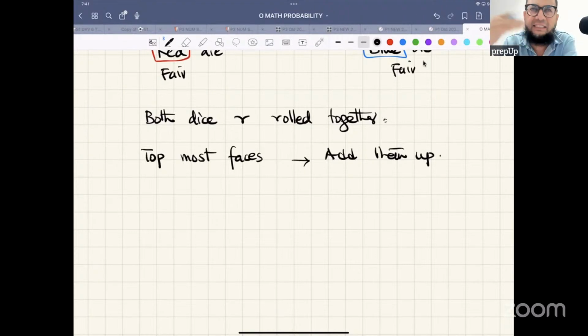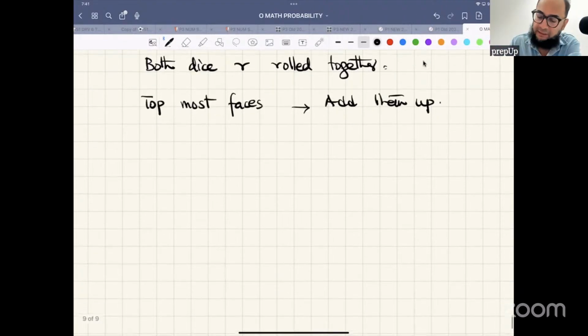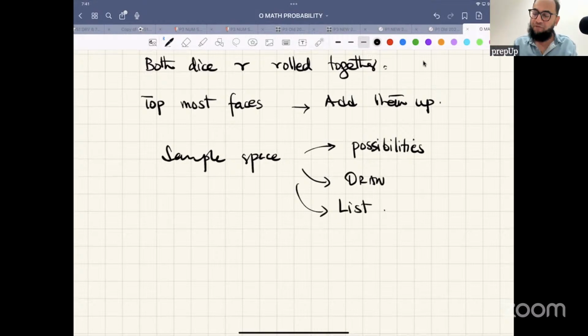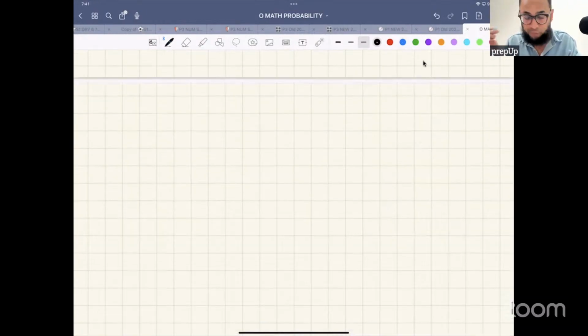And similarly, we have a lot of possibilities. So basically, the sample space is about those possibilities. We can draw them, we can list them, and these are the different ways of writing it out. So that is what we are focusing on.